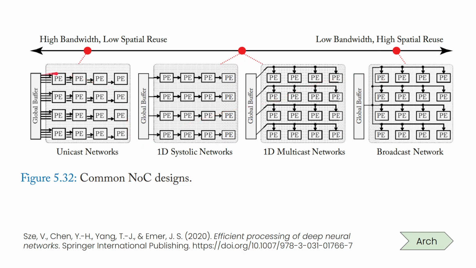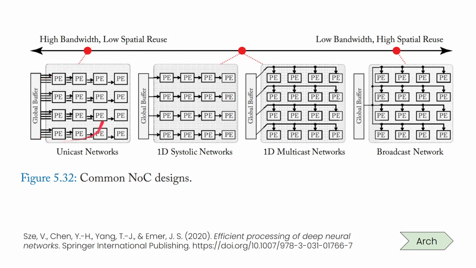The way that we wire things together is called the network on chip, NOC. These are different networks on chips that are possible, and we're going to look at the benefits and drawbacks of different ones.